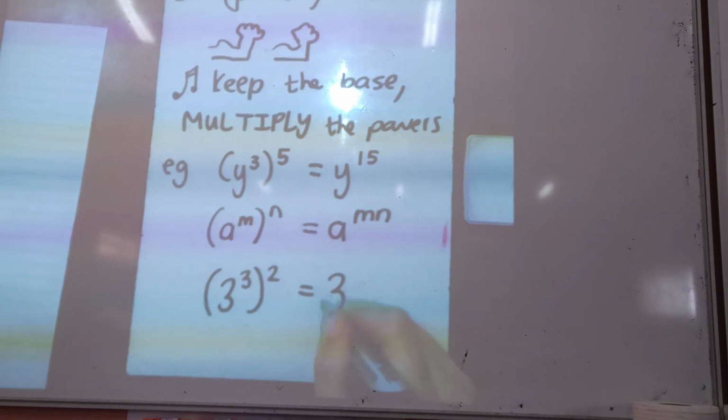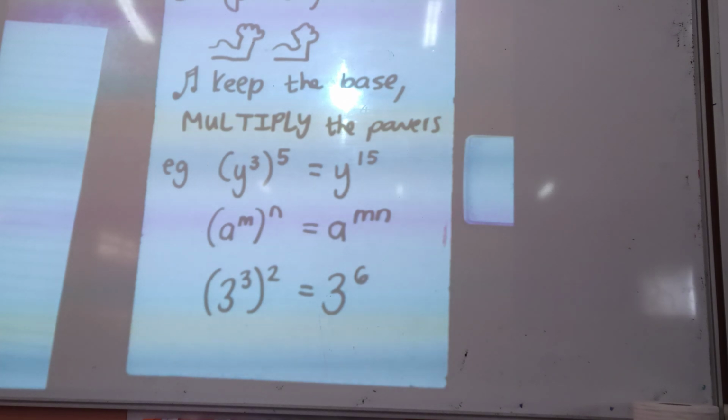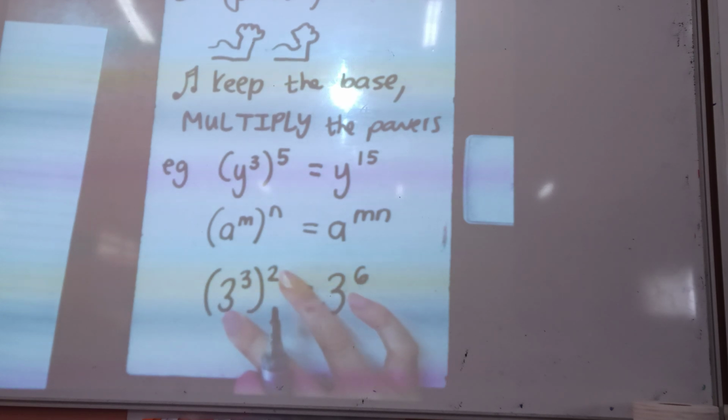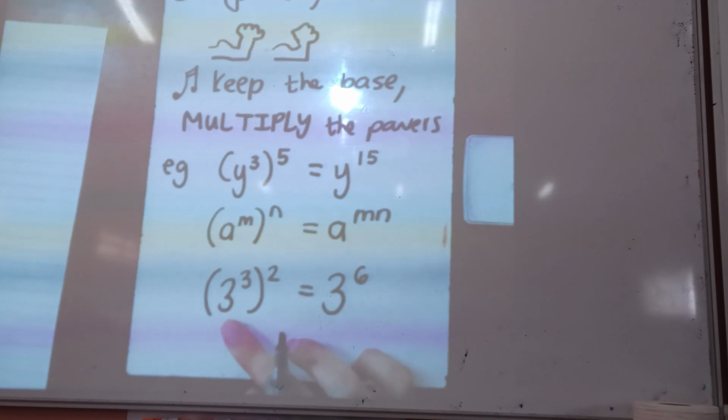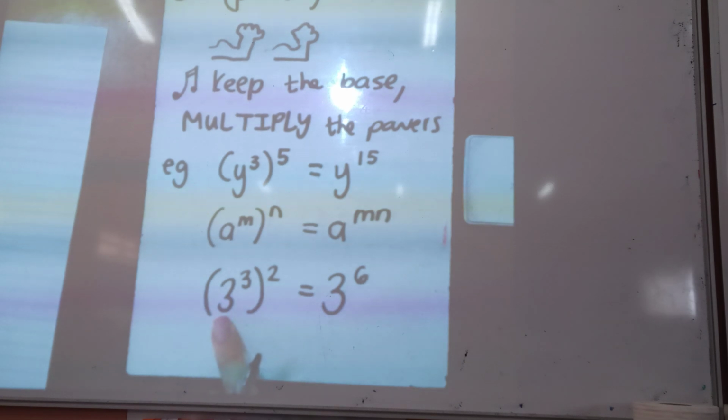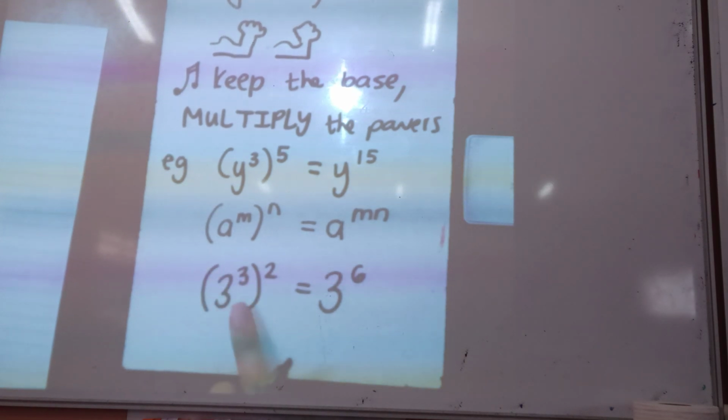Thank you. Keep the base and multiply the powers. What do you think kids do wrong here? They add. Sometimes they go 3 times 2 is 6, and then they say 6 to the power of 3, or they say 3 squared is 9, and then they say, I don't know, it's weird. But this is also an exponent. You see the base with a power, that's an exponent, so I can use exponent laws.